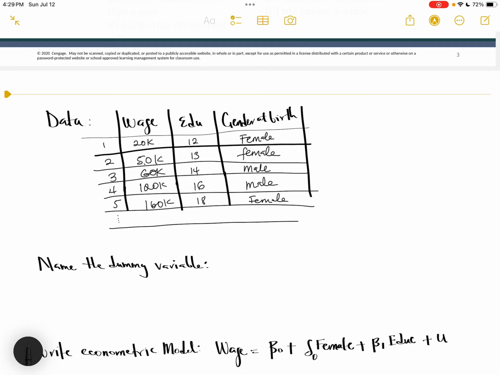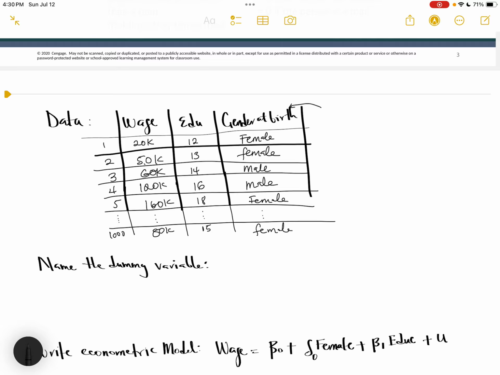And we have this going on until individual 1000, right? We have 80K, 15 years, and gender at birth female. Okay, so the qualitative information here is the gender at birth.